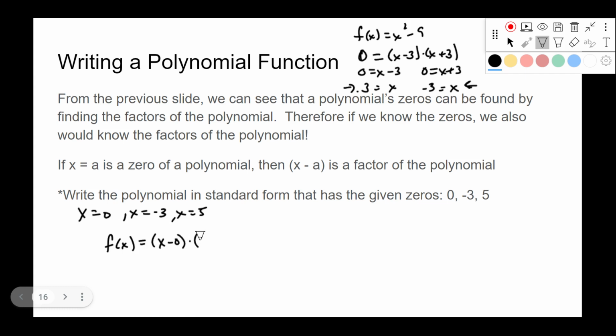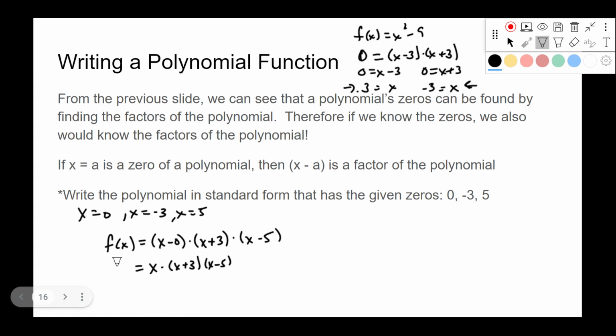If x equals negative 3, that means x plus 3 must have been the factor. And if x equals 5 is the zero, then x minus 5 must have been the factor, right? Because if I set them all equal to 0, it gives me these 3 answers. So that would be x times x plus 3 times x minus 5.